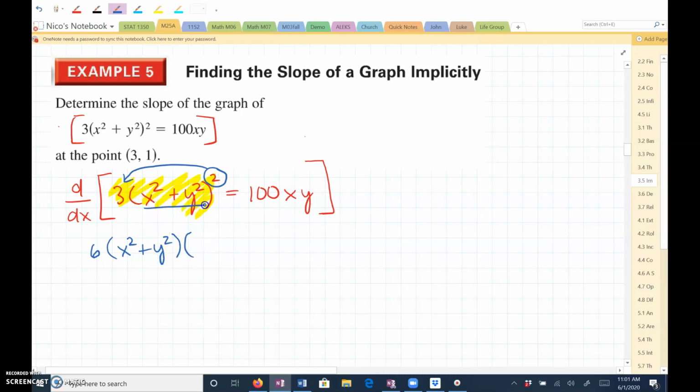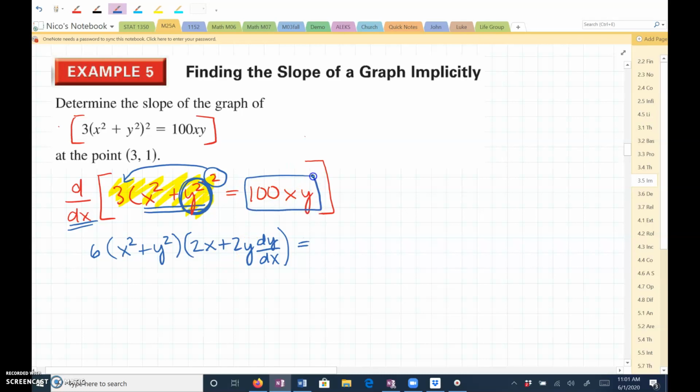Then you're going to have to take the derivative of what's inside this function. So this would end up being 2x plus 2y. And notice here, when you take the derivative of this one, since it's not in terms of x, this is where you have to multiply this by dy/dx. So there's that side of the equation.